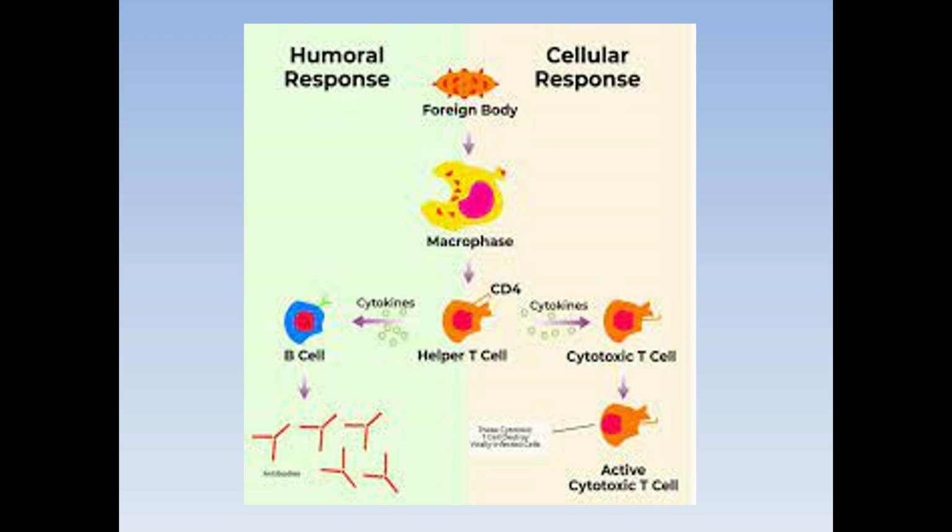For example, if an antigen is present inside a cell, that cell will undergo some changes, like certain rearrangements of components in the cell membrane. When the cell has changed a little, the cytotoxic T cells get to know that something is going on, and they get activated.